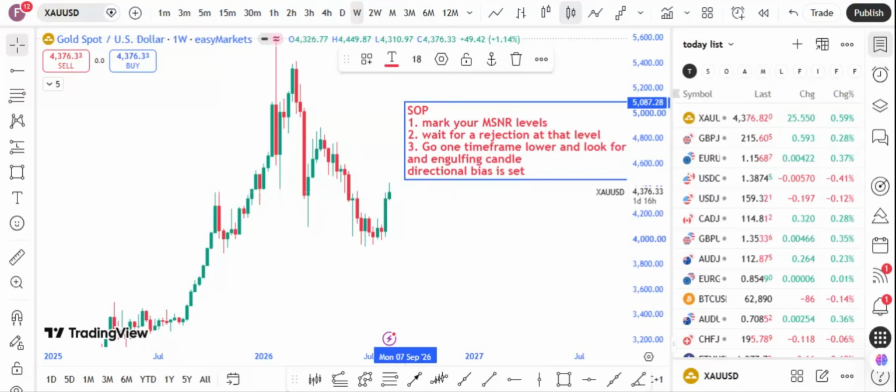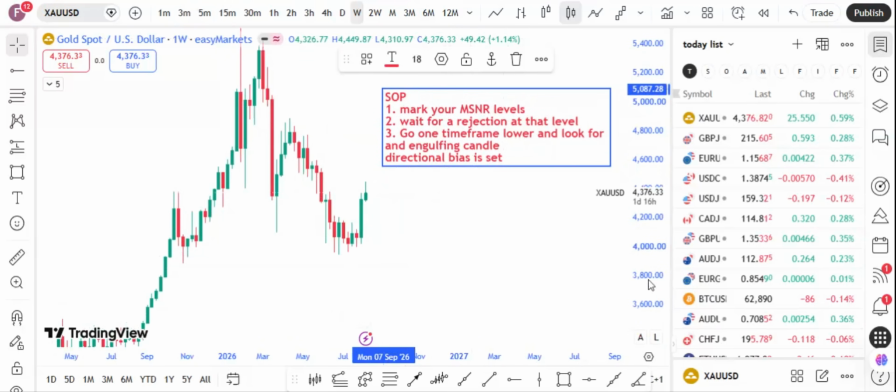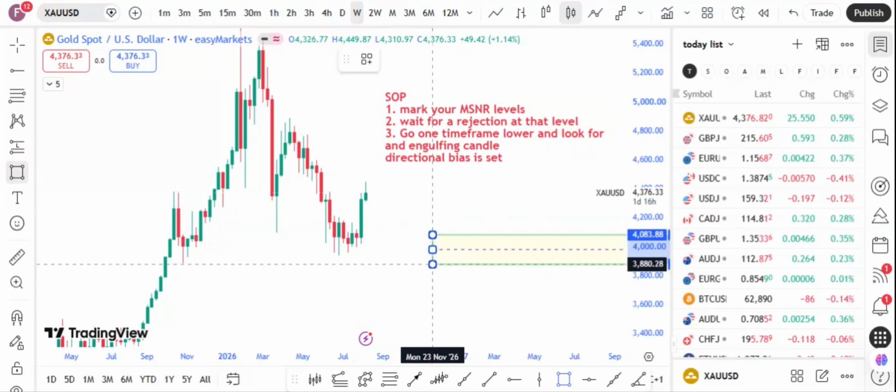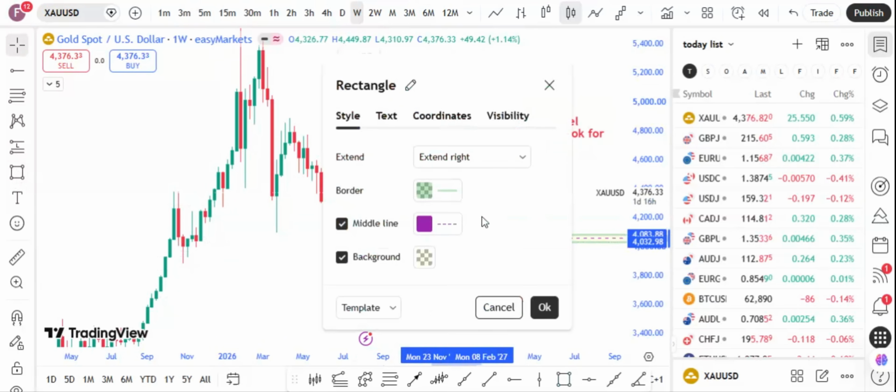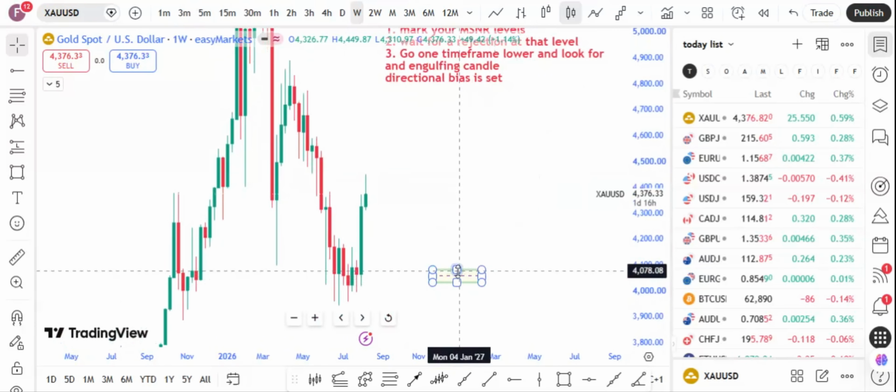Okay, so that's the SOP. You mark your Malaysian support and resistance level, wait for a rejection at that level, go one time frame lower and look for an engulfing candle, and then you will decide. But before we go into full details, I just want to explain briefly about engulfing candles. I actually didn't want to do this, but I feel I should, because you might not understand.